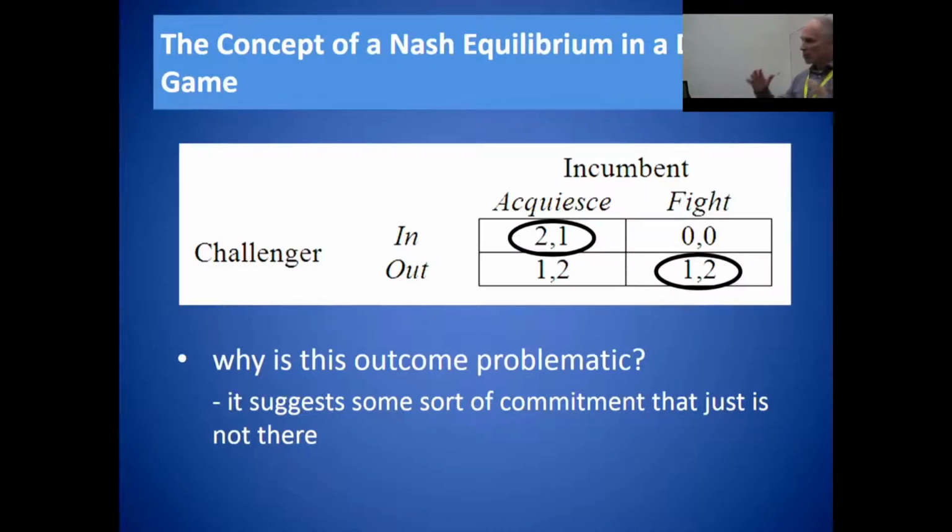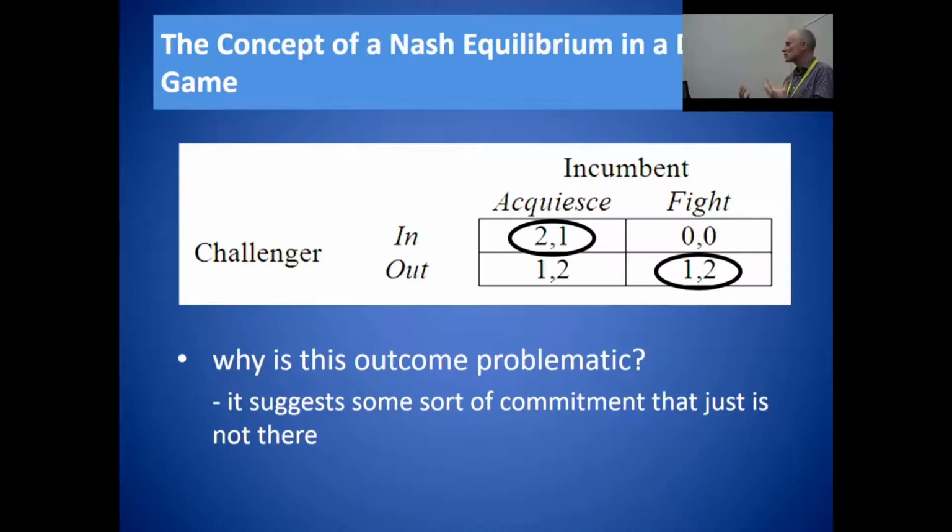But think though, that question I asked and the language that I used, we said to the challenger, if you knew the incumbent was going to fight, would you wish to remain out of the market? Well, of course they would, but the point of it, that language that I used, it suggests some sort of commitment there.